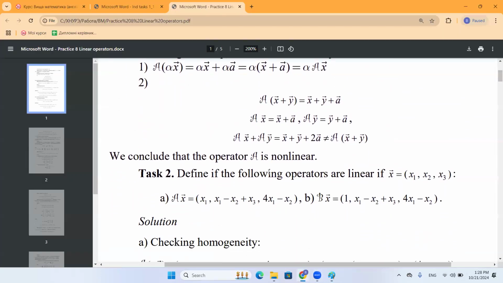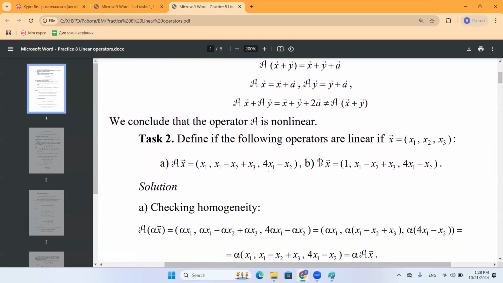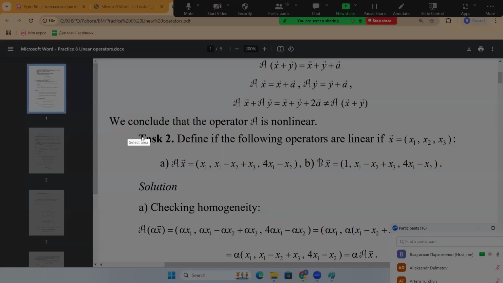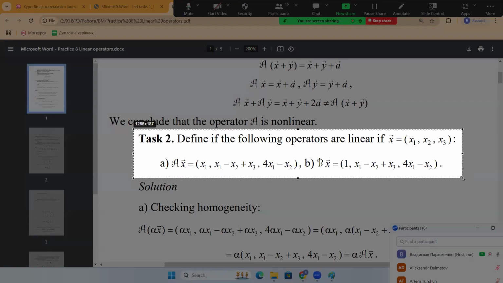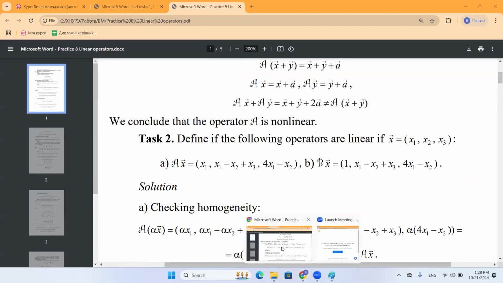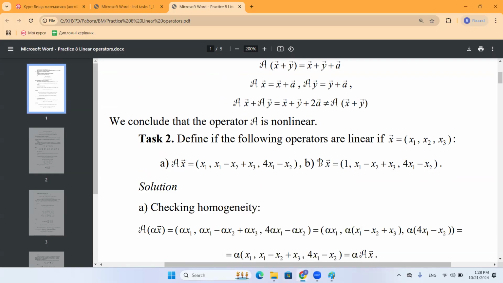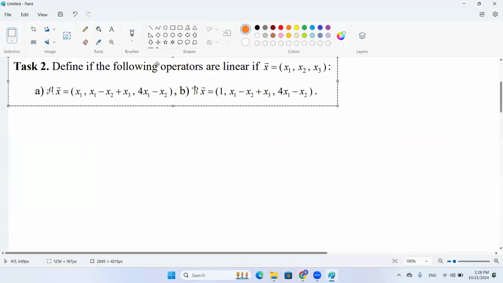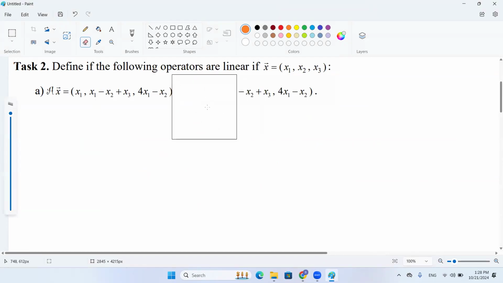So our next task will be almost the same, but we will have another form of the operator. B will be for your home task. So now we will raise it. So we need to also check if this operator is linear.